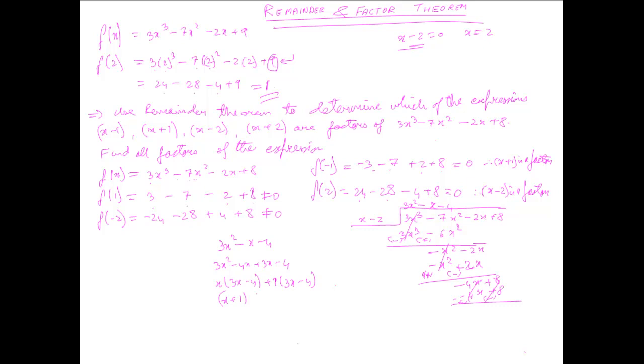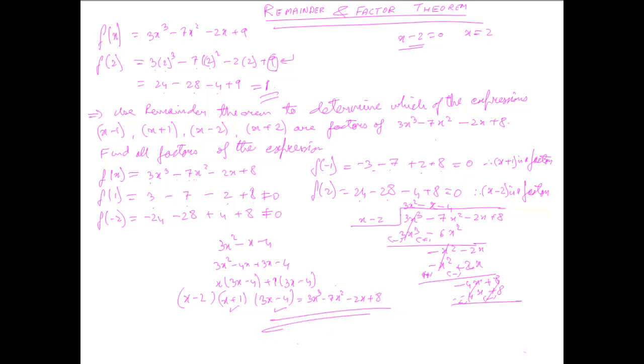That's x plus 1, 3x minus 4. And the other factor, x plus 1, we already got, children. This was the other factor that we didn't have. And the original factor that we have, x minus 2, gives us the expression 3x cubed minus 7x squared minus 2x plus 8.